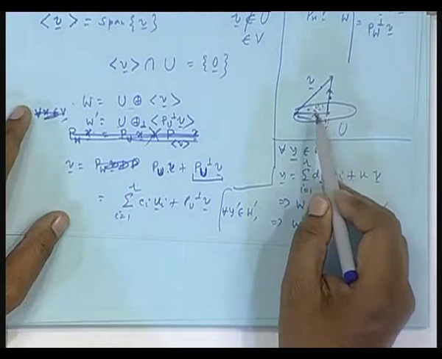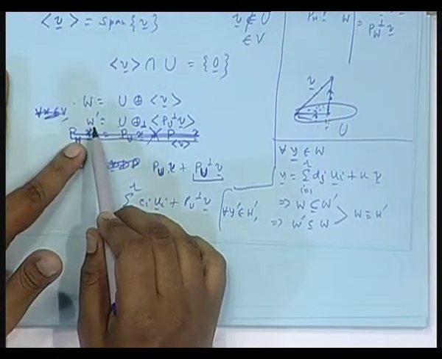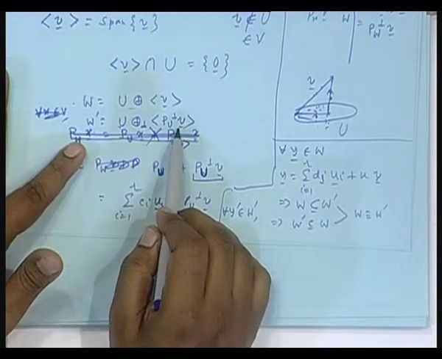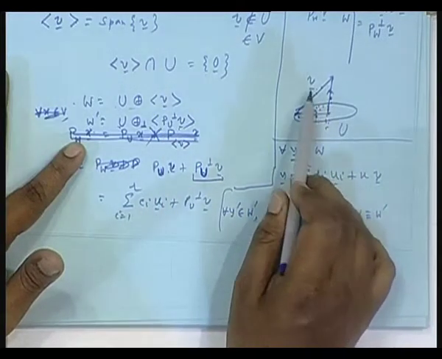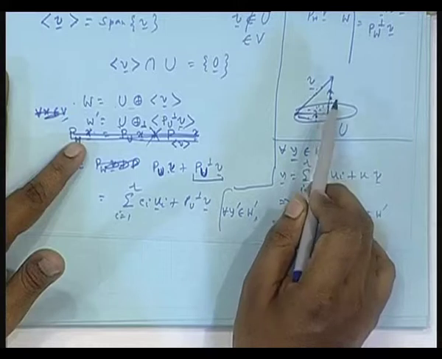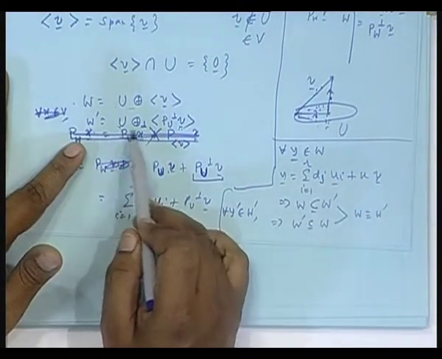This time V was written as a summation, and on the other hand, if I take a vector say y prime, an element of W prime, that is a linear combination of this. But what is this element? This element now will be written as V minus the projection. Earlier V was written as the sum of these two. But the projection is again a linear combination of u 1 to u r.